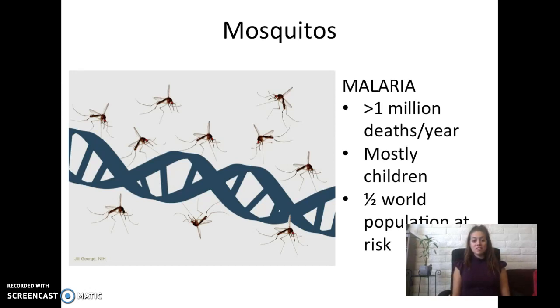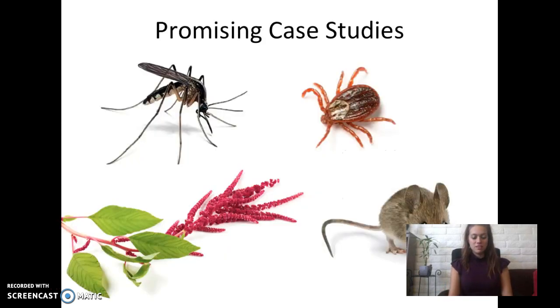This all sounds good, but there are other promising case studies. Ticks that carry Lyme disease could be altered. Mosquitoes not only transmit malaria to people, but also to birds. This means that gene drives can have implications for our conservation efforts.